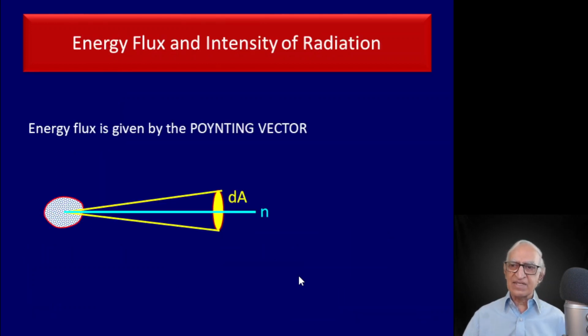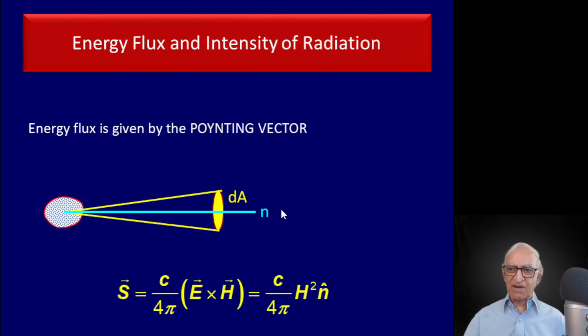Now, what is the energy flux from this system of moving charges crossing a unit area dA in a unit time dt in a frequency interval d nu and going into this solid angle? That is what we defined as the specific intensity I nu.